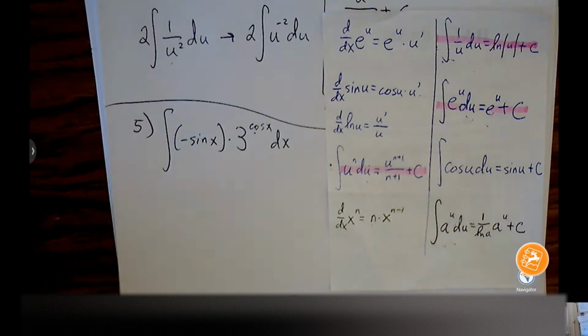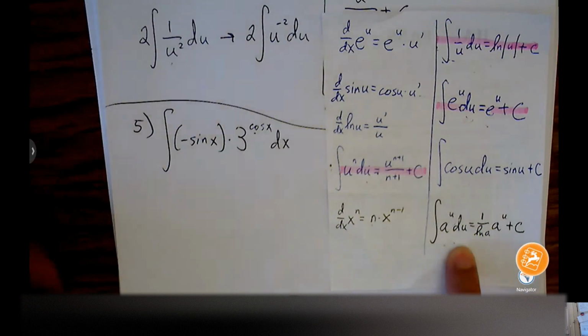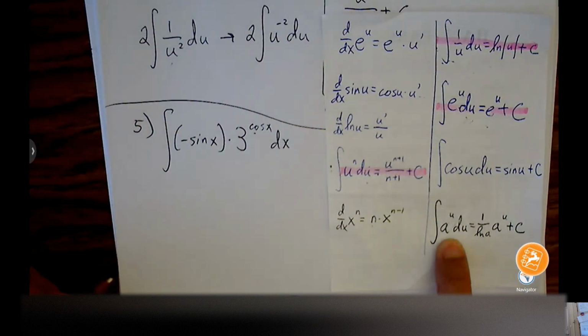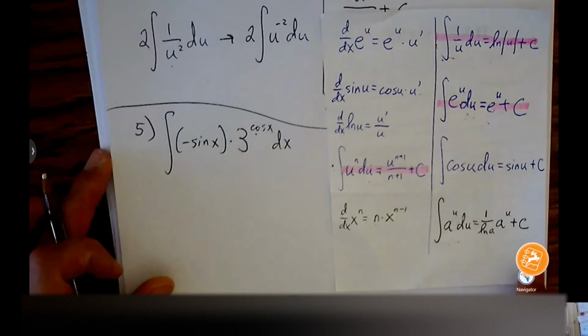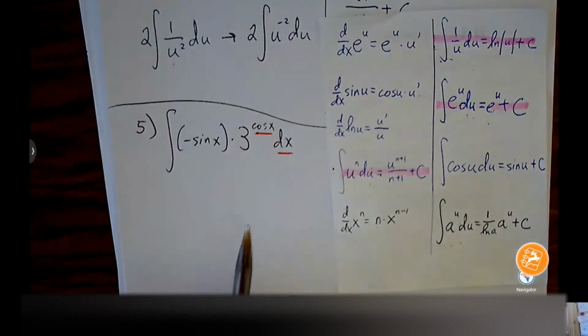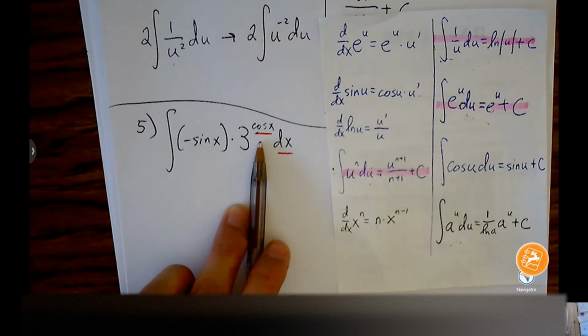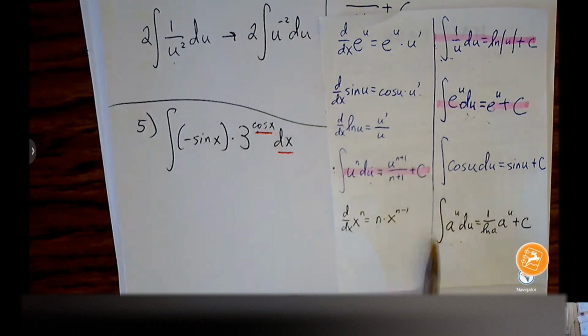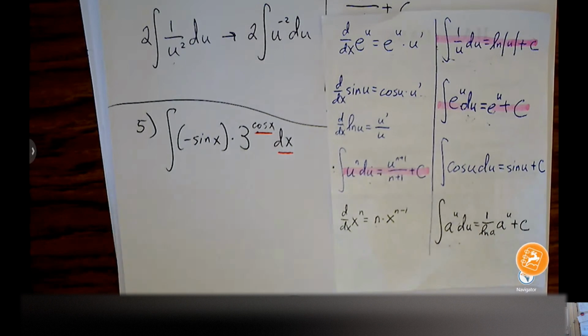If we're trying to match with a to the u, then we know our a value is 3. We know that our exponent is going to be our u value. So this should work out because the derivative of cosine should produce something that will match that, and we should be able to get it to look like this rule here.